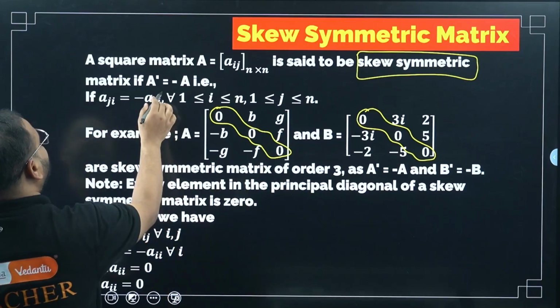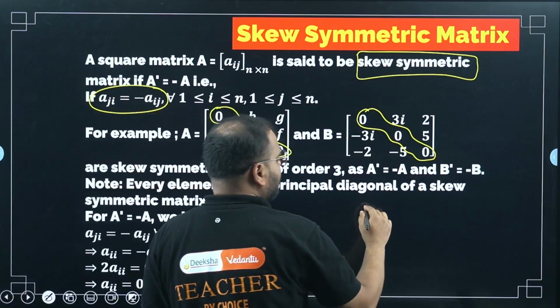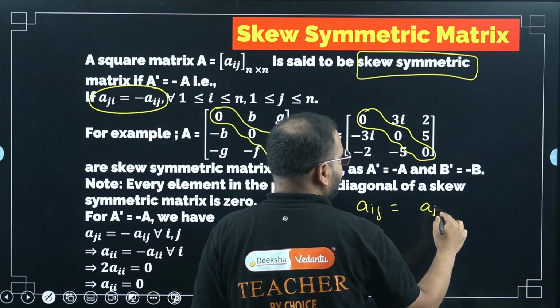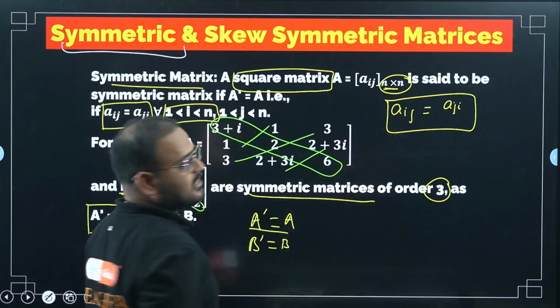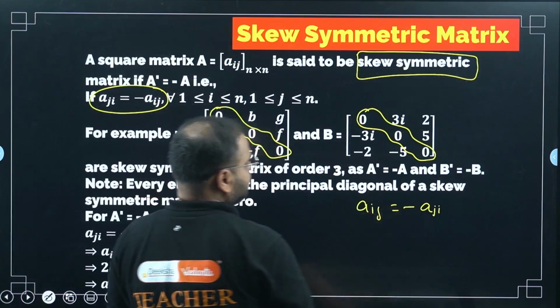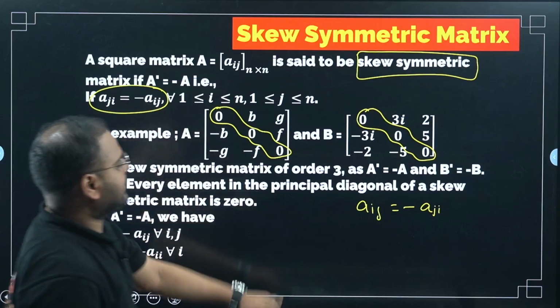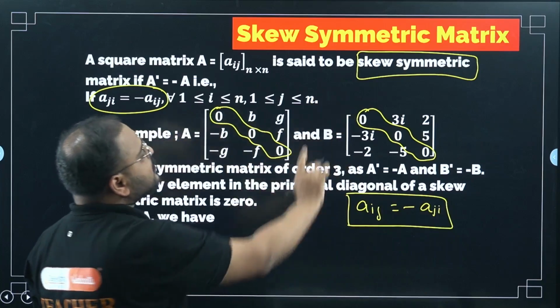This condition is valid now. In the previous case, I wrote Aij equals Aji. But in this case, there will be a negative sign. Aij is equal to negative of Aji. So this is true for a skew symmetric matrix.